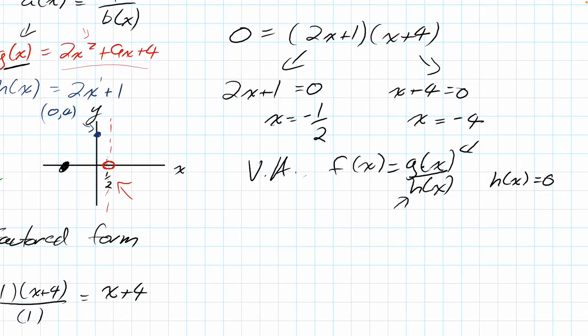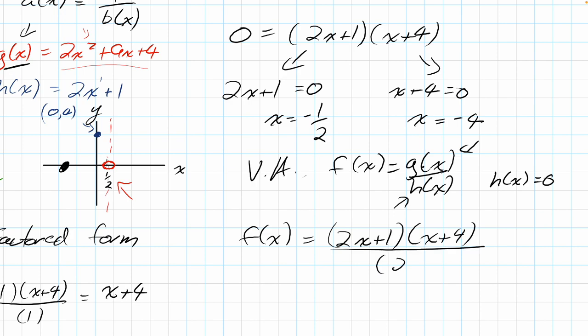So when I go take a look at it, if you recall, we'll rewrite the whole thing again just so we know. 2x plus 1 times x plus 4 divided by 2x plus 1. Well, h at x, or the denominator, is just the bottom part. So we're setting this equal to 0.